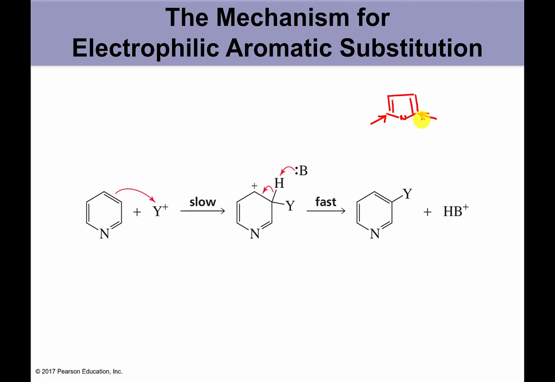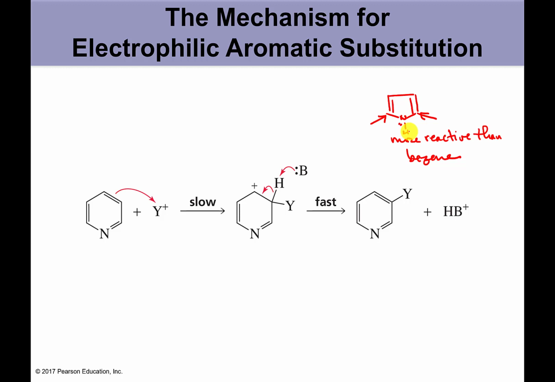Now, one of the things that we learned about pyrrole is it's more reactive than benzene. And the reason it's more reactive than benzene is because the lone pair of electrons on the nitrogen serve to introduce electron density into the ring and cause it to be more reactive.